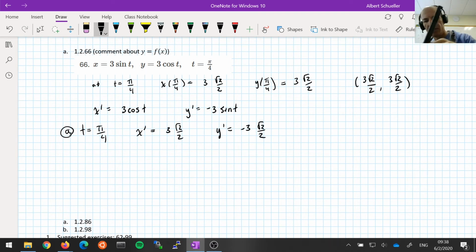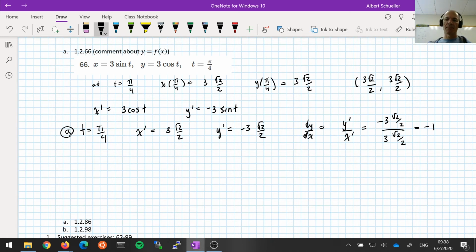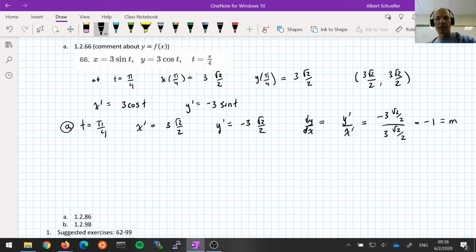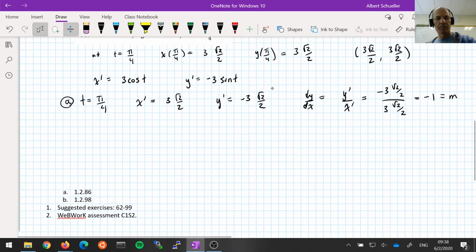And remember that dy dx is given by the formula y prime over x prime at this location. So that's negative 3 root 2 over 2 divided by 3 root 2 over 2. That simplifies dramatically to negative 1. All right, so that's the slope of the tangent line that we're interested in.